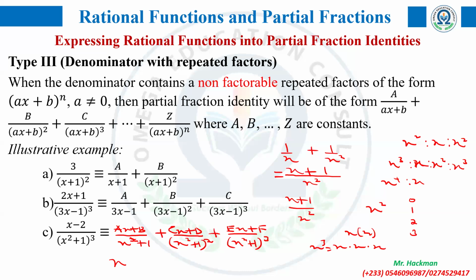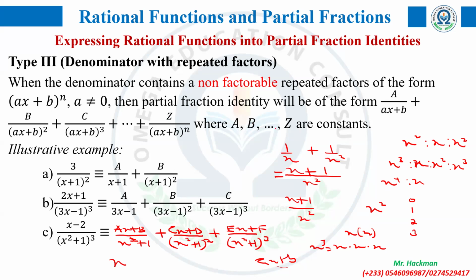So if your denominator is quadratic, your numerator should be linear. And every linear expression, remember we said, is of the form ax plus b. But in what we are doing, you can see that for the constants we use capital letters, we don't use small letters. That's why we have As plus B. If you want to use small letters, you can. Only that usually we use capital letters. Is that clear?